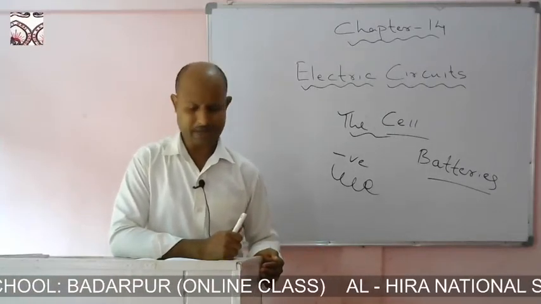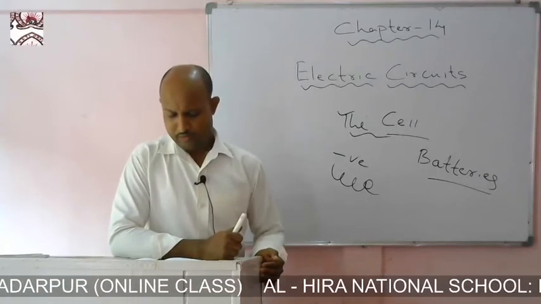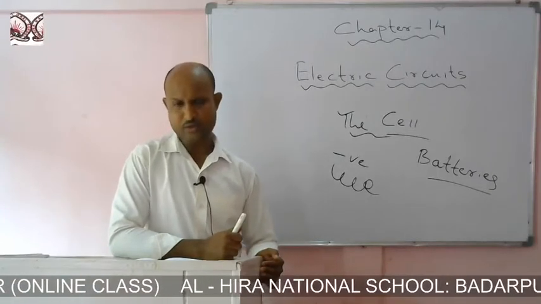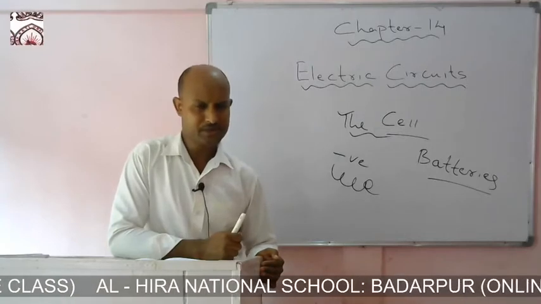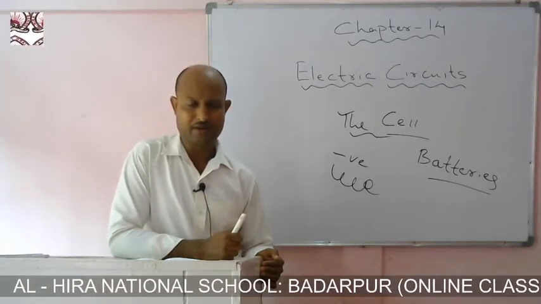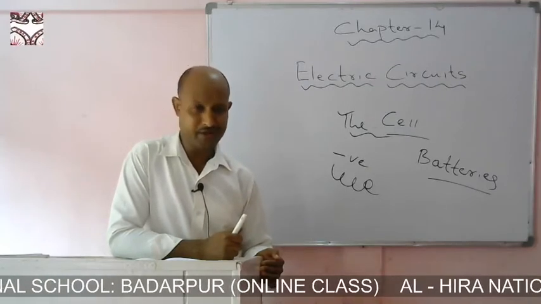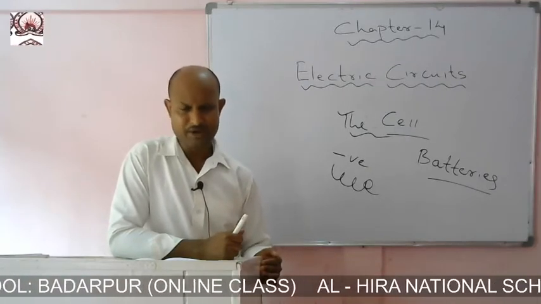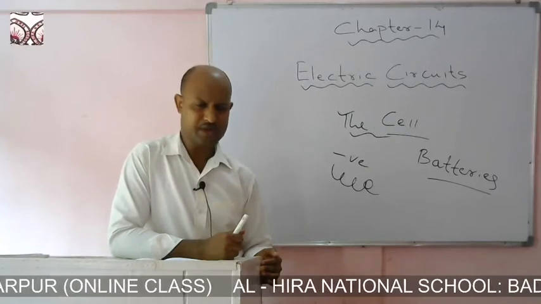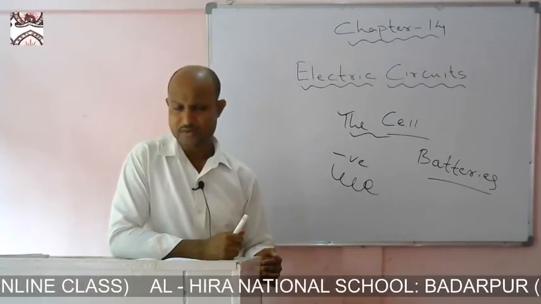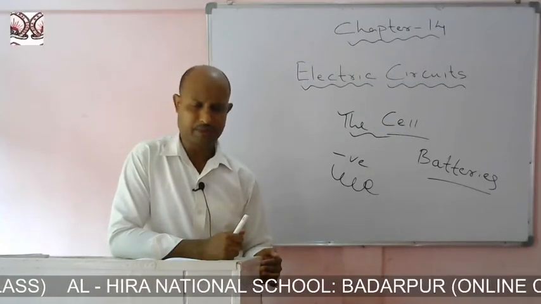For example, silver, as you all know, is used mostly for preparing ornaments, necklaces, earrings, rings and all. Silver is also considered a precious metal, so it is always used for ornamental purposes.